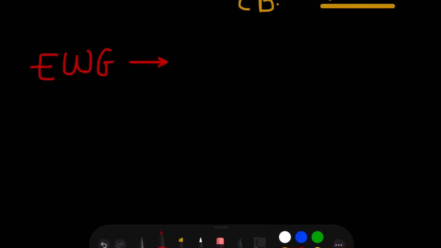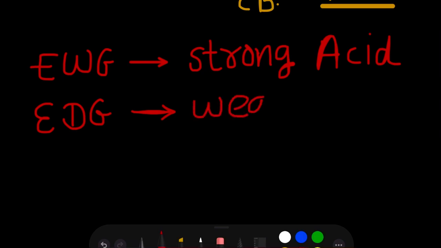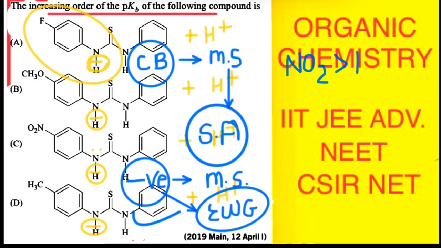Now we can see if an electron withdrawing group is present, it gives a strong acid, and if an electron donating group is present, then it will become a weak acid. Now the NO2 group is the most electron withdrawing group. Okay, then fluorine is electronegative.